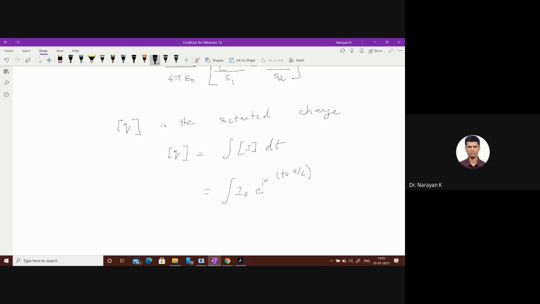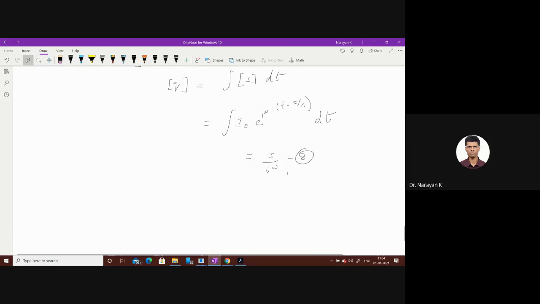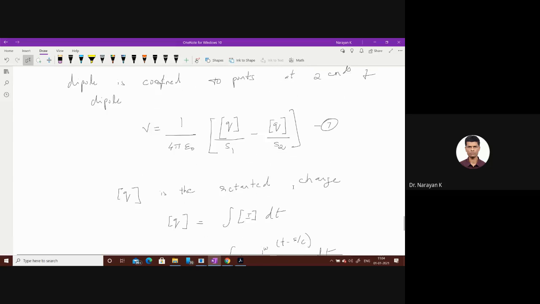Anyway, we'll make it r by c, that is later d tau. So even if you write it as r by c, this is not an issue. If you integrate, this will be I upon j omega. Write it like this, I upon j omega.